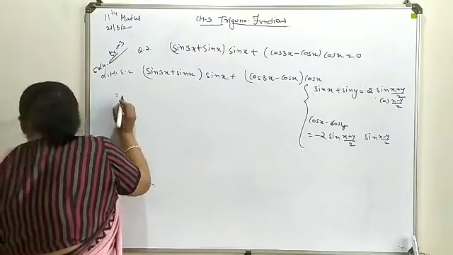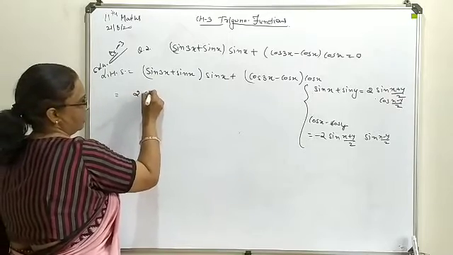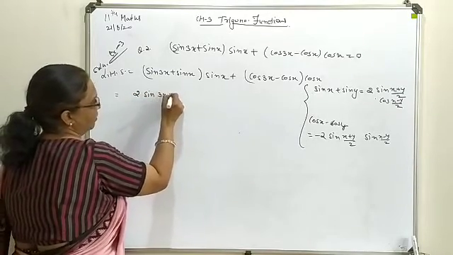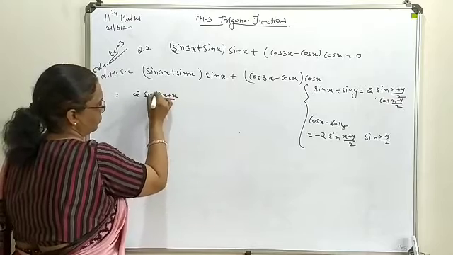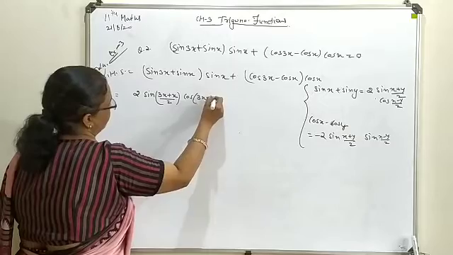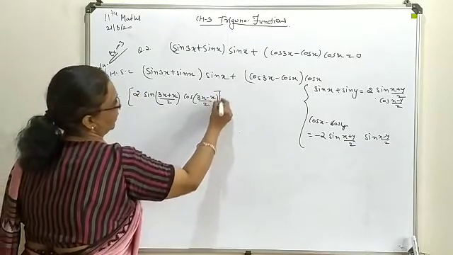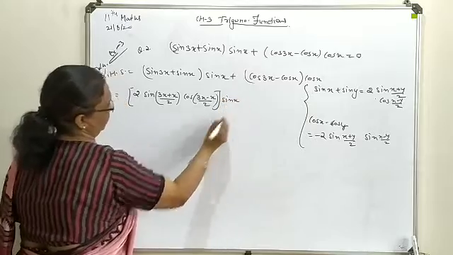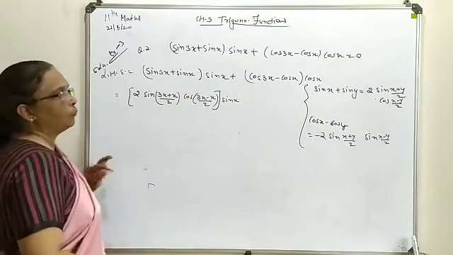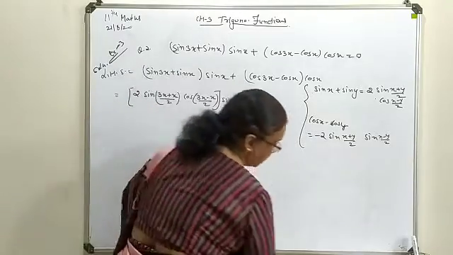Here it is 2 sin of (3x plus x by 2), cos of (3x minus x by 2), outside the bracket sin x here having. Move towards the next combination, that is plus.